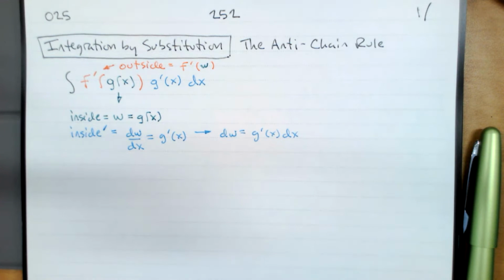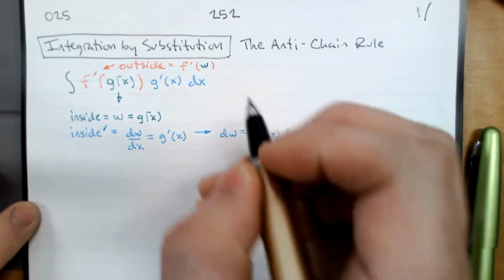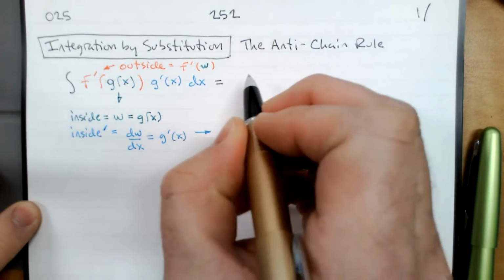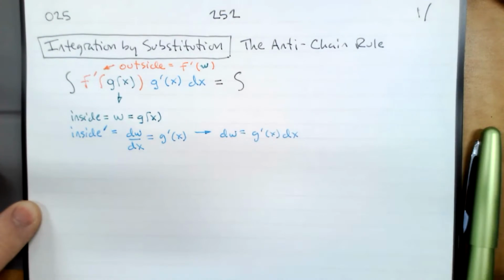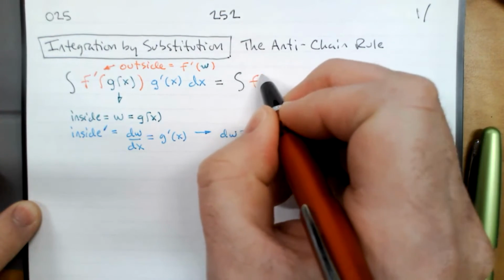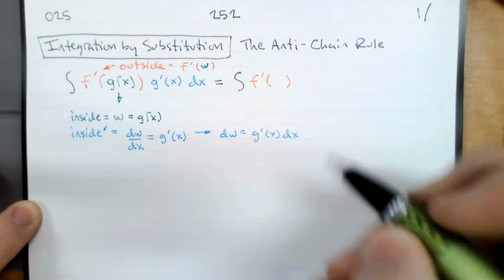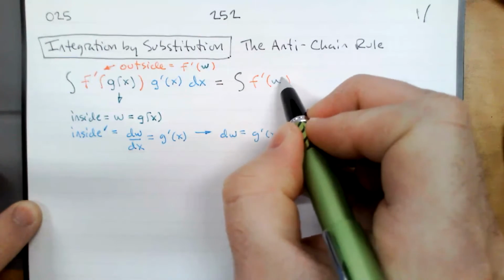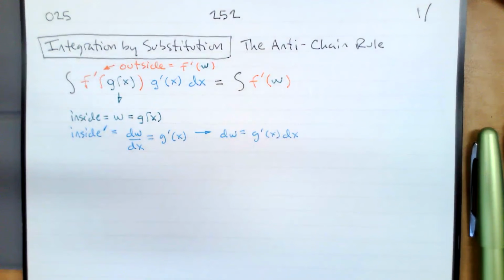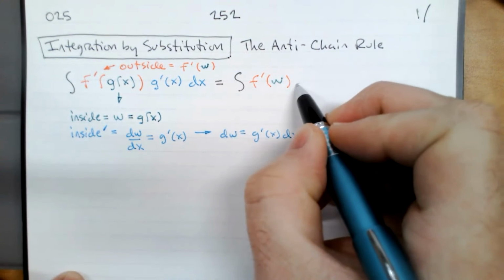So then I go and make my substitutions. F prime is going to stick around because that's the outside function. That's the function that we're actually integrating. So now I'm going to write my new integral. It's going to be the integral of f prime of w, and the g prime of x dx, all that gets replaced with dw.